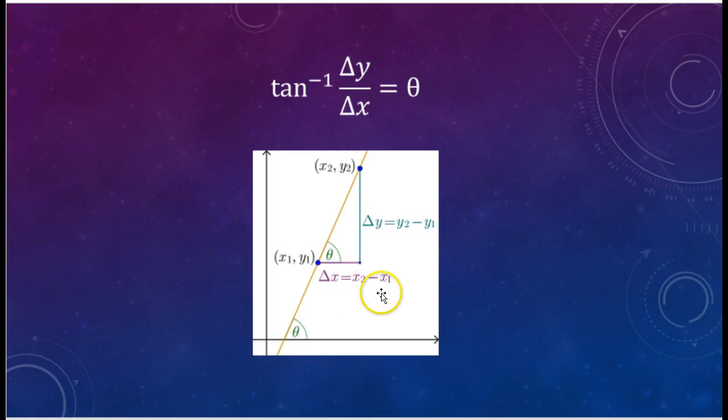If we let delta x be the distance x2 minus x1, that's our delta x. And y2 minus y1 is our delta y. So delta y over delta x is the slope of this line, right? If we take the arctangent of that, what we get is this value theta.